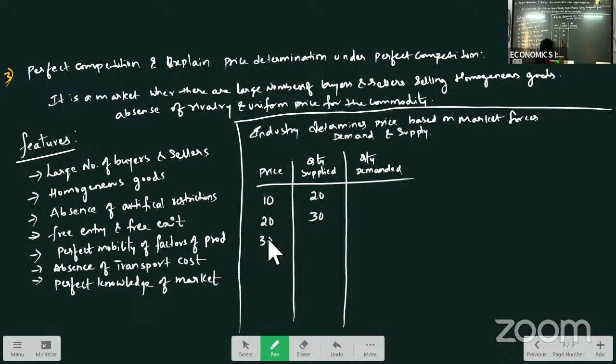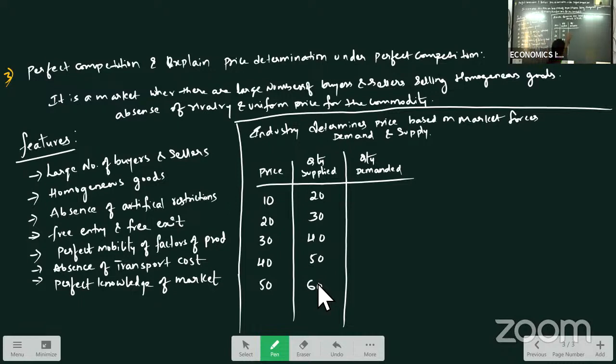Price increases to 30, supply increases to 40. Price increases to 40, supply increases. This is from producer point of view. As a producer, he will supply more quantity when price is high. He will supply less quantity when price is low.